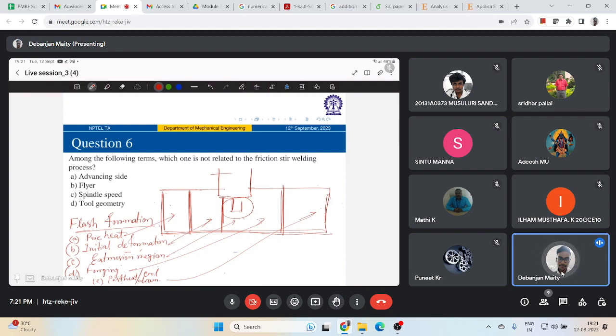What is happening in the preheat zone? Here the temperature is rising due to the frictional heating of the rotating tool, and as I mentioned earlier, some adiabatic heating is taking place because of the deformation of the material. As the tool moves forward, the initial deformation zone forms during the traverse. The material is heated above some critical temperature, maybe the recrystallization temperature, and the magnitude of stress exceeds the critical flow stress.